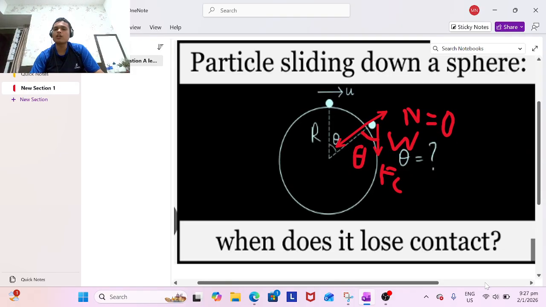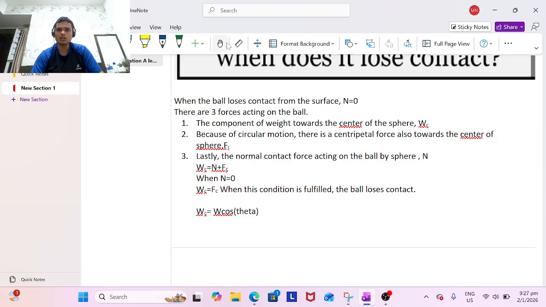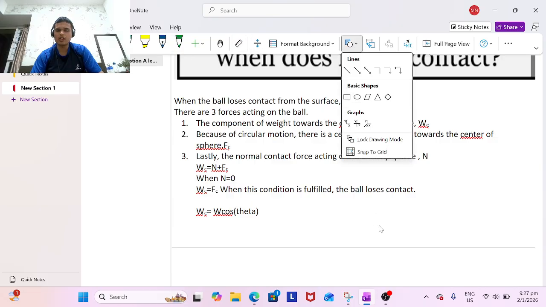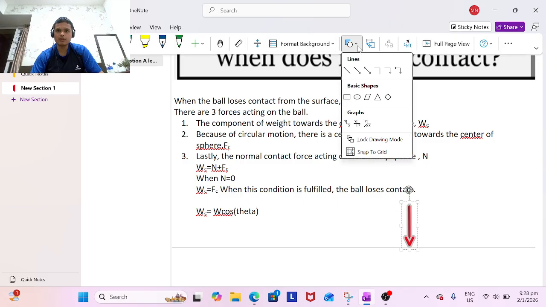So why is that? I'll just draw a diagram here. You basically have weight acting downwards.